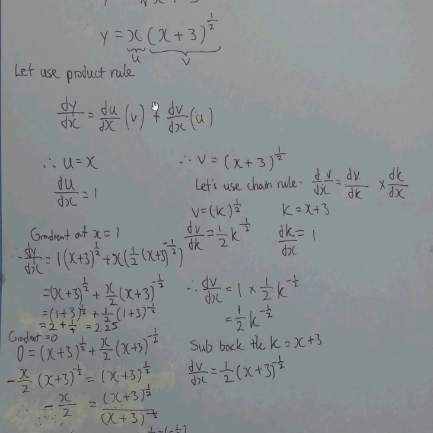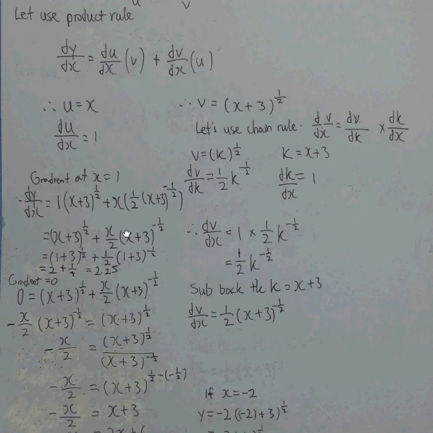Just substitute accordingly and then do the normal simplification. Here is our v. Here is our du over dx. Here is our x, which is our u. And here is our dv over dx, which we got from here.